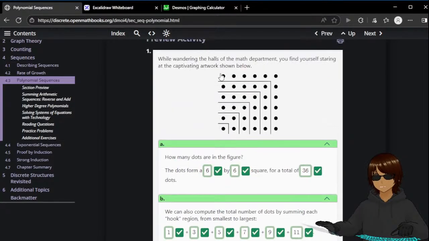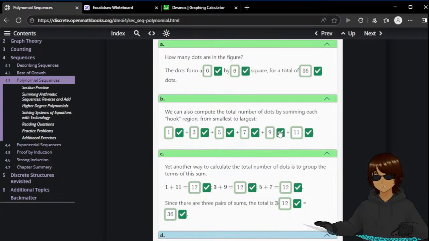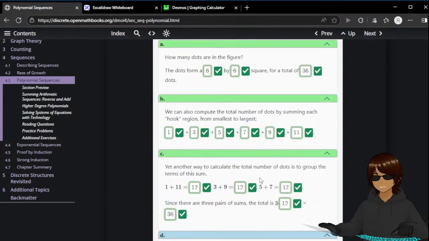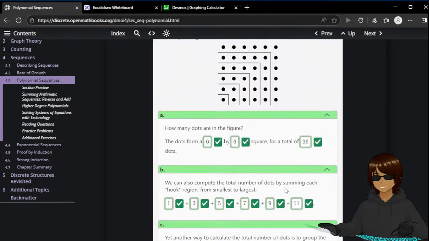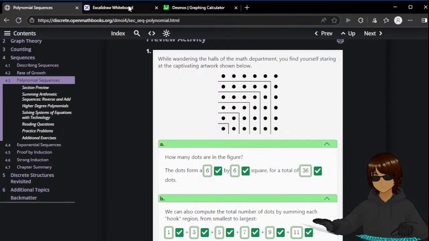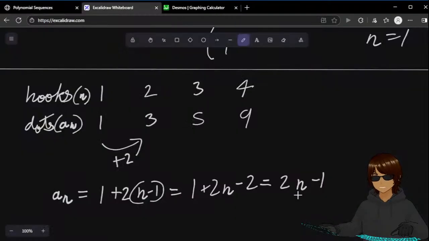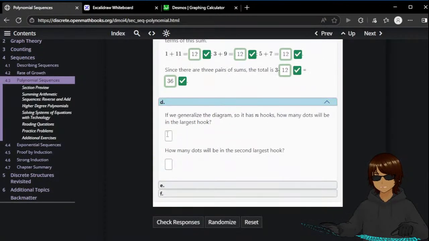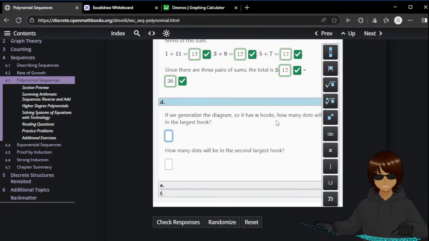What is a hook? I don't understand. This hook is a region, right? If there are 6 hooks, in the largest hook you will have, so we plug in 6 here. 6 times 2 minus 1 is 11. That makes sense. 2n minus 1.